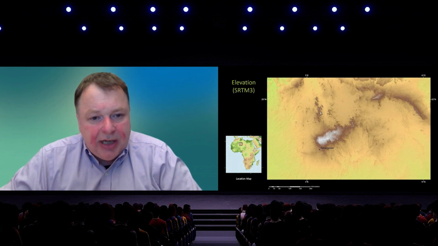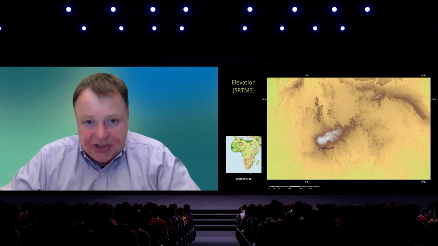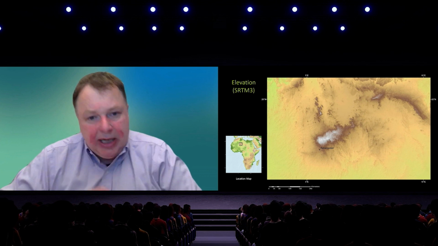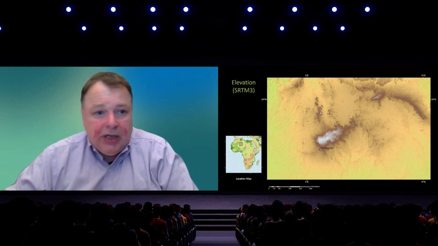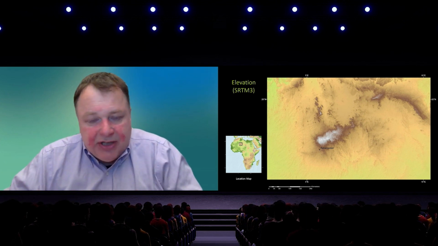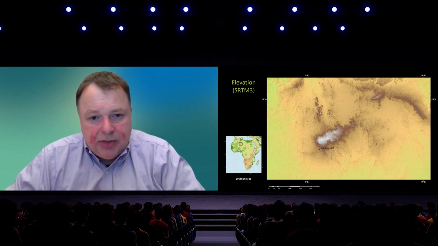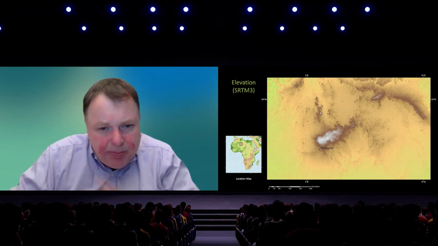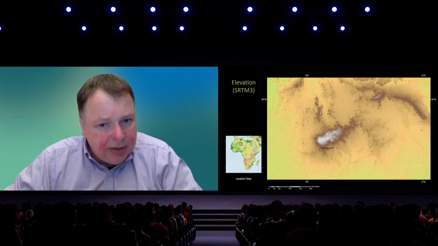Now, on the left-hand side here is the location map. That'll stay up so you can see exactly where we are. And we're starting with elevation here. And elevation gives us the highs you can see in terms of the Hogar Mountains themselves, and we can pick out a little bit of some linear features.